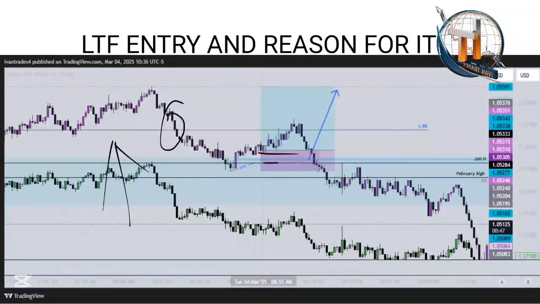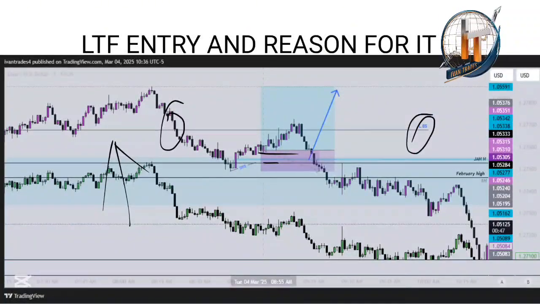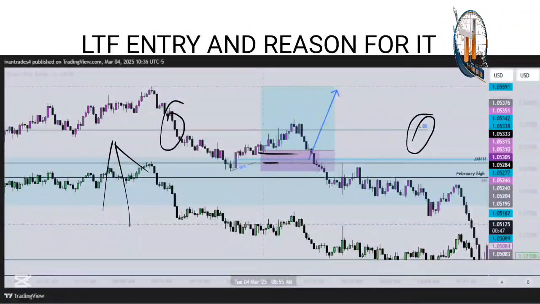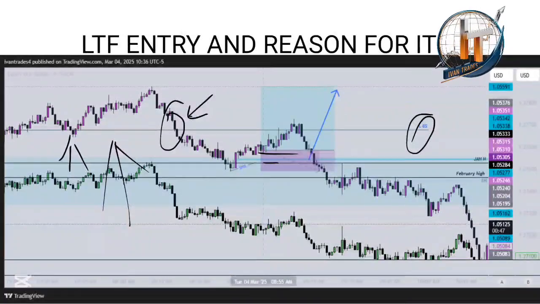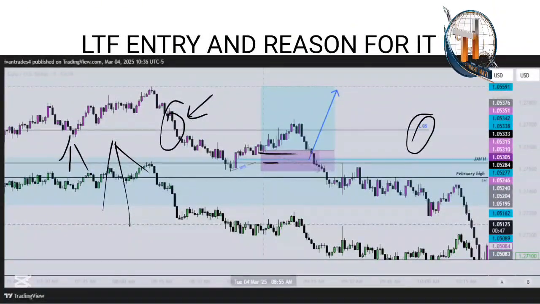This LBS was the London buy side. You can see that it was balanced right here, and the price displaced through it by a 5-minute CB right there. So that was a clear market structure shift, meaning that the sell side inside of the London session expansion could be targeted from then on.